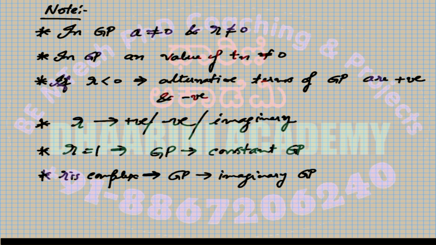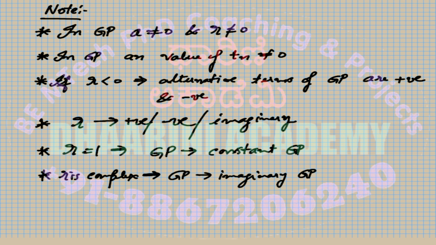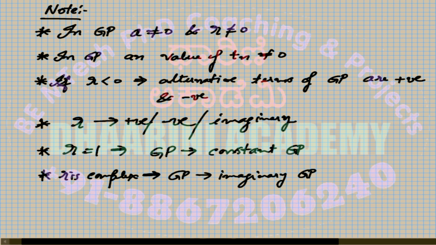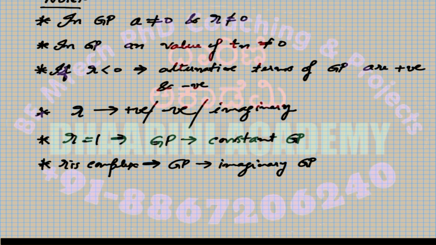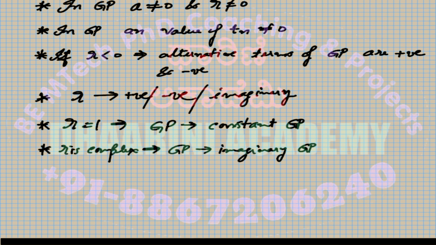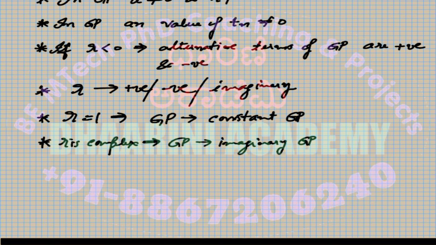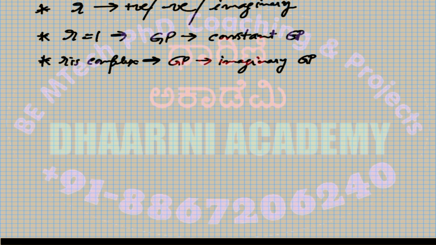Right. Then we have varieties of GP which are said to be increasing or decreasing depending upon the A and R values combined together. So let's write a very small table over here to trace out whether a GP is increasing or decreasing. Let me write A here and R here.